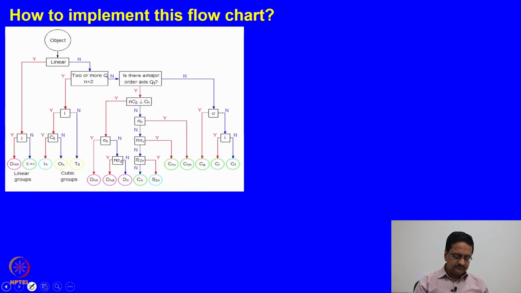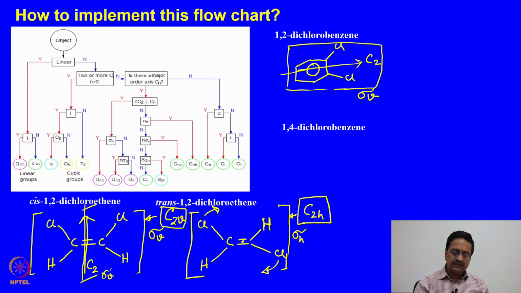Then a plane that I am drawing using a different color is the plane which is above and below the plane of the projection, like that. So, if you have the benzene molecule like this, one mirror plane is like that and the other mirror plane is like this, both containing the two-fold axis in the middle. So, this one is also a sigma v. So, once again this dichlorobenzene belongs to the C2v point group.